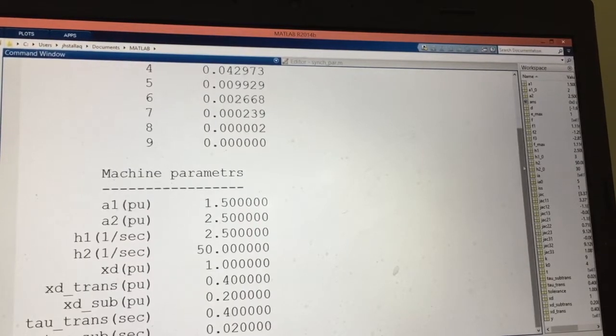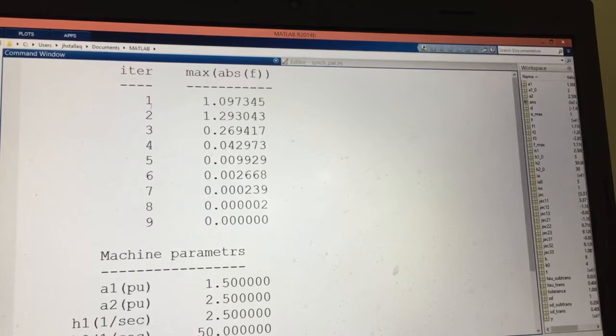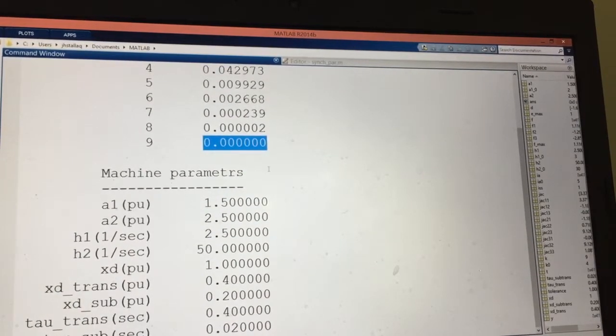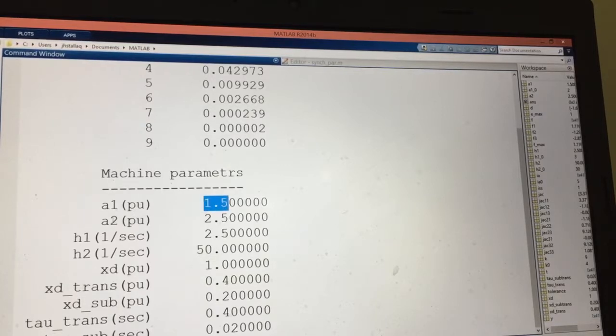Now, if you look at it, it succeeds after 9 iterations. This is the maximum, so it becomes less than 2. This is less than 10 to the minus 6. Then it will print out the machine parameters: A1, A2, 1.5, 2.5.